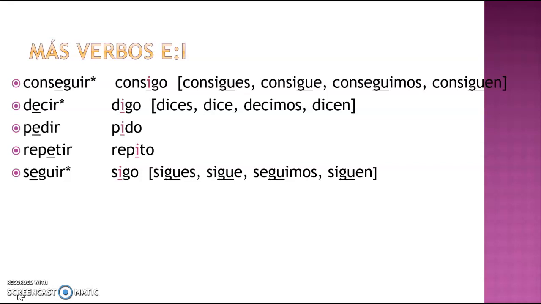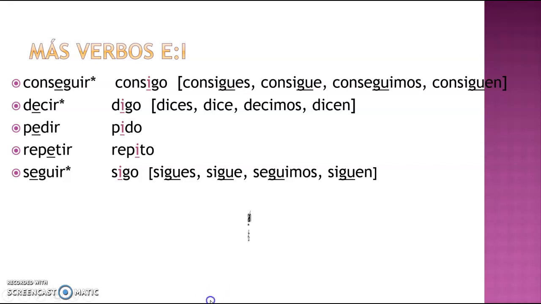Seguir, sigo. Okay, follow a path. And then repetir, repito. So boom, boom, boom, kind of like repeat something. I do it on my palm, boom, boom, boom. I go from my wrist to the end of my hand where I go boom, boom, boom. So to repeat something, repetir, repito.